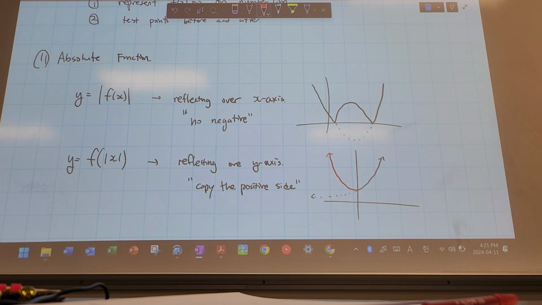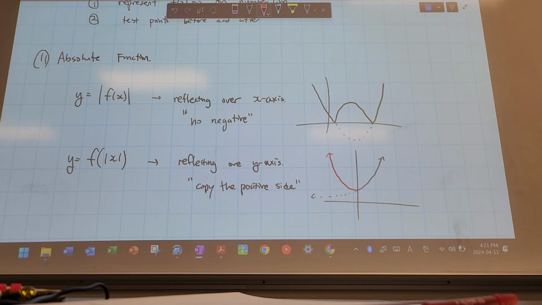It's not like there's no negative; it's a different understanding. We just copy whatever there is on the positive side and put it on the left-hand side. Okay, I think those are some absolute function stuff.